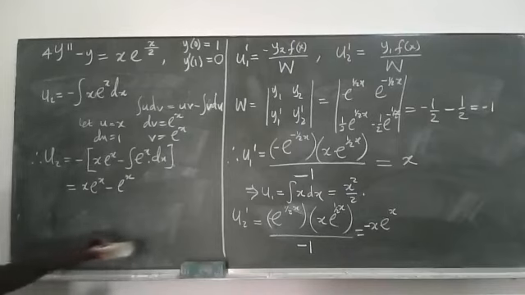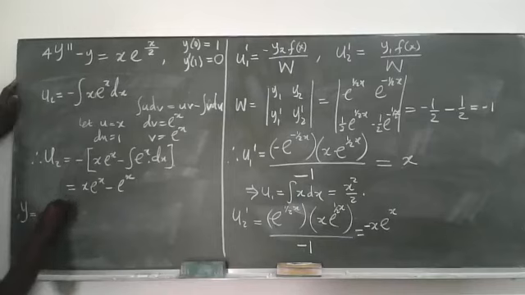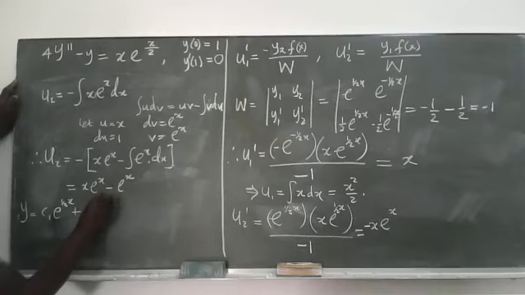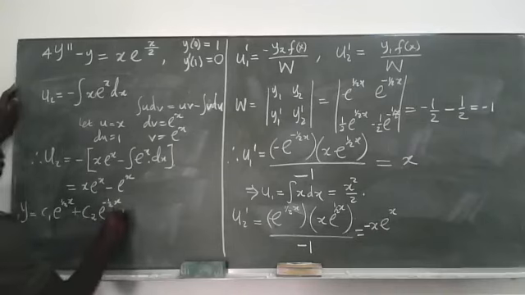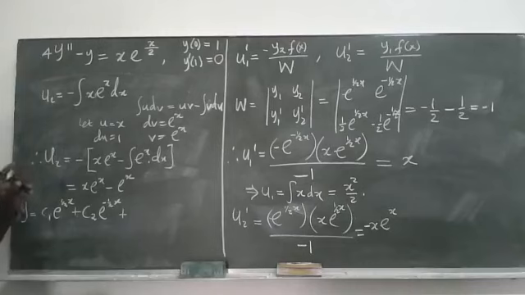Now that I found u2, I can write the general solution as, remember it is yc plus yp, complementary solution plus a particular solution. So in this case, I will end up with, you remember the first solution was c1 e to the power of half x plus c2 e to the power minus half x, right? And then the other piece was u1 y1.